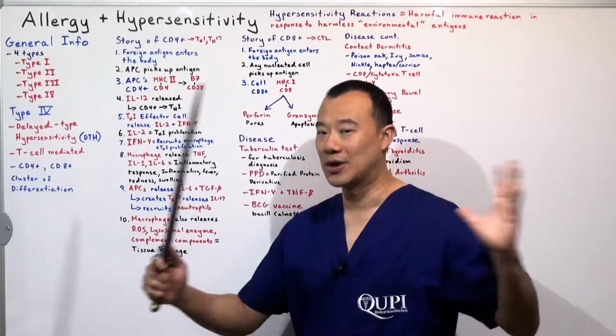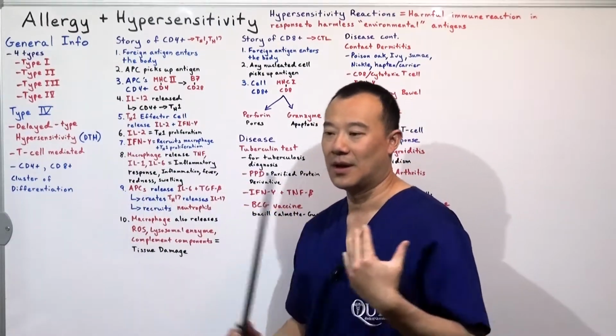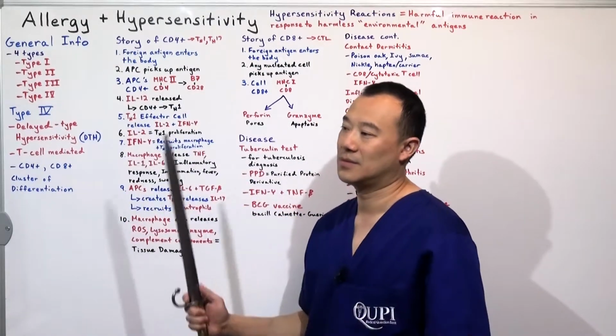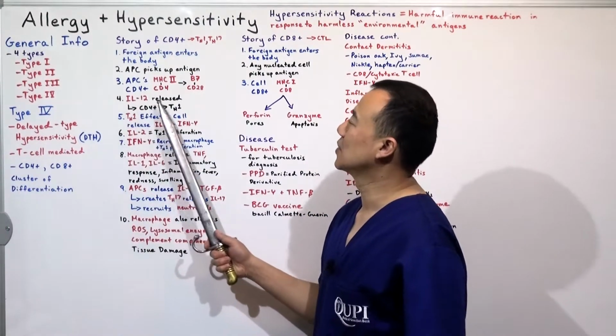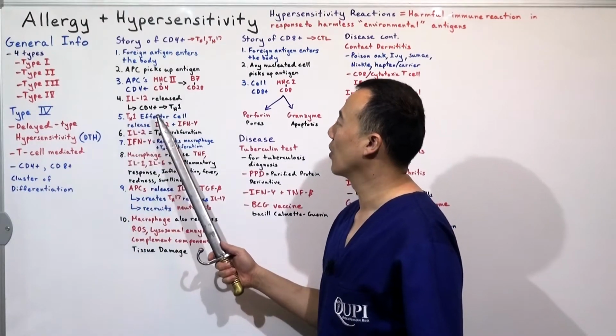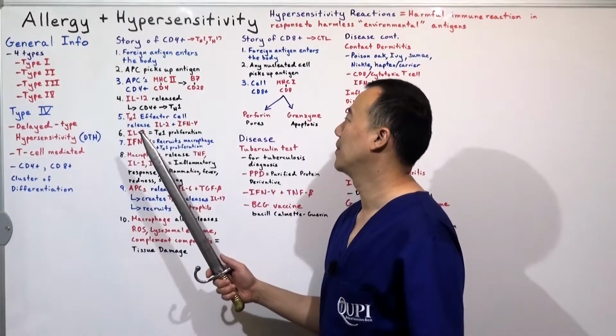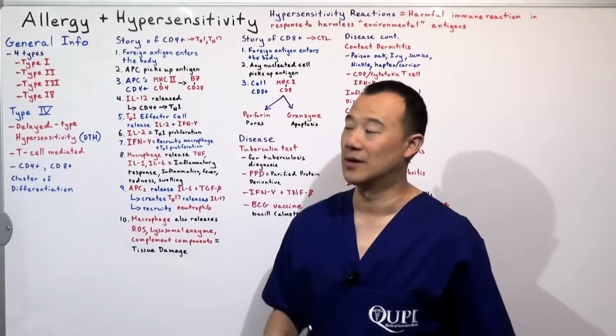If you can just separate these two and list the interleukins in the different hypersensitivities, you shouldn't be too confused. Yes, there's an interleukin 12 and it's released, and this causes the naive CD4 positive cell to become a helper cell, a TH1 helper cell.